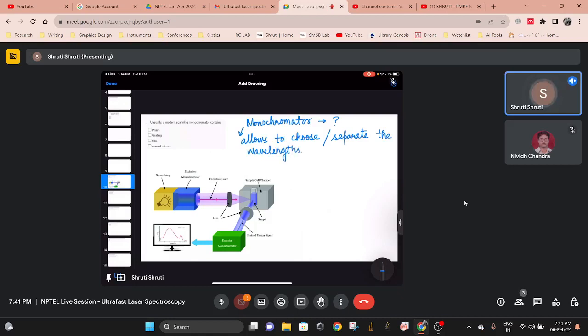In the excitation monochromator, it will allow you to choose one particular wavelength to excite your sample with. And the emission monochromator, as you can see here, also will allow a particular wavelength to get detected.